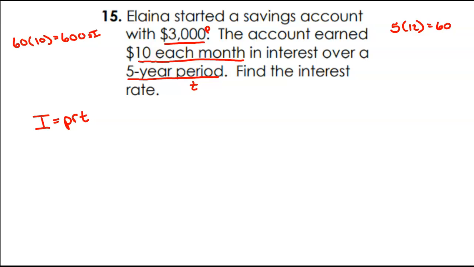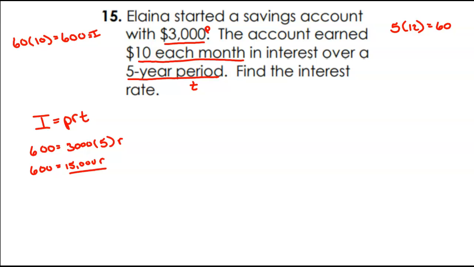All right, so my interest is 600. Principal is going to be 3,000. The time is 5, and we're solving for r. So I'm going to simplify this part right here, this 3,000 times 5, which is going to give me 15,000 r.